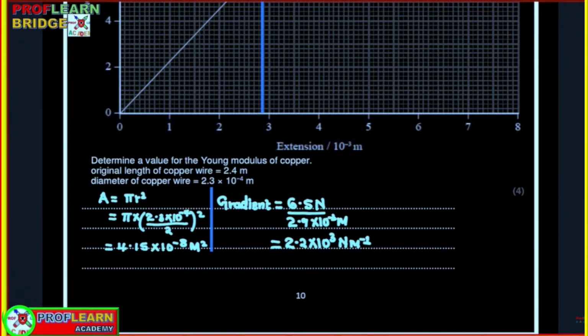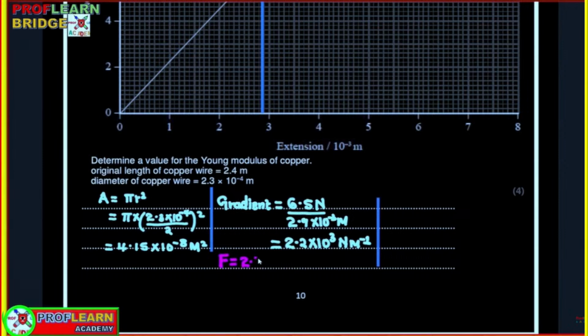The constant of proportionality that we have obtained is telling us if you apply a force of 2.2 times 10 raised to power 3 Newton, it is going to extend this wire by 1 meter. So extension is 1 meter. Then we can now use this information in order to work out what? In order to work out the Young's modulus.